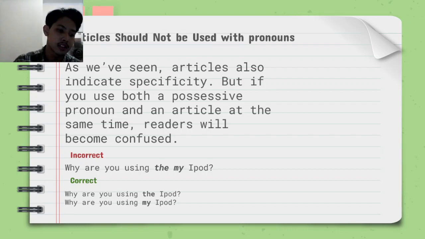The and my should not be used together, since they are both meant to modify the same noun. Instead, you have to use: why are you using the iPod, or why are you using my iPod? You should use one or the other depending on the context.